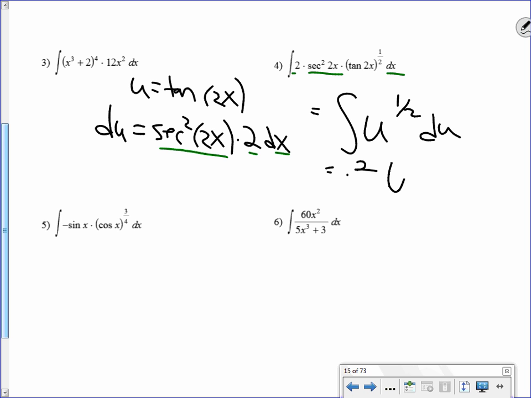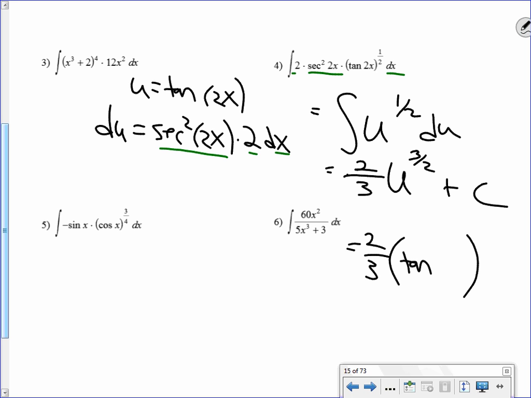Well, if you add 1 to a half, what do you get? 3/2. So that's why you have to multiply by 2/3. And then you just put the tan 2x back in for u. So 2/3, it'll be tan of 2x to the 3/2 plus c.